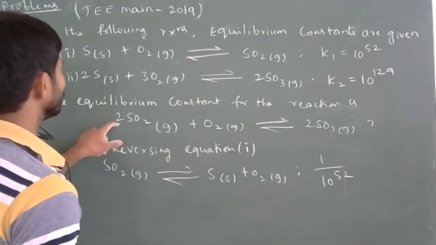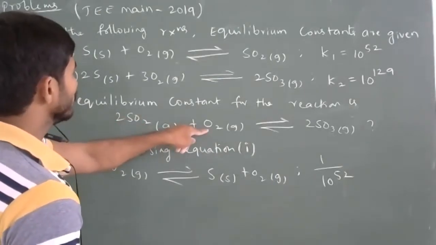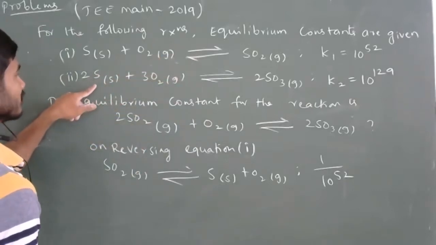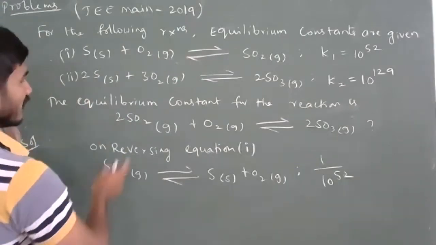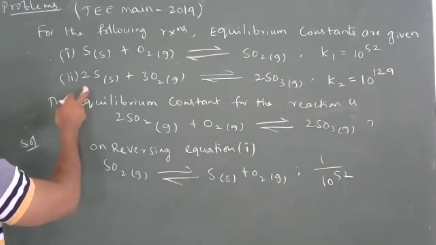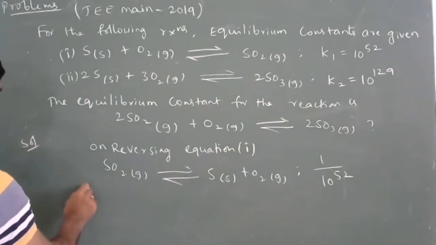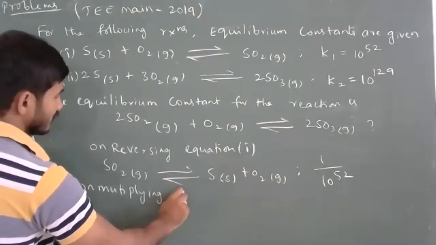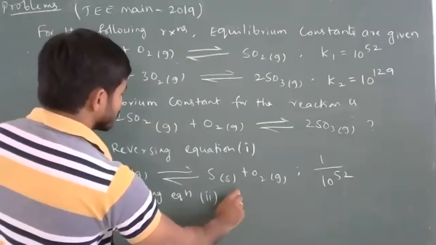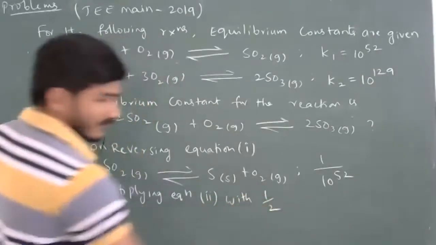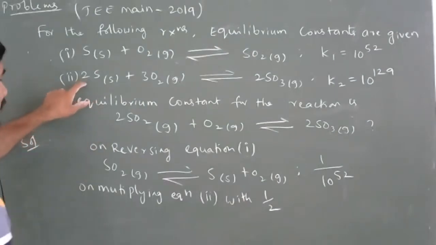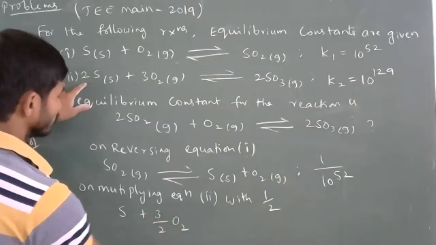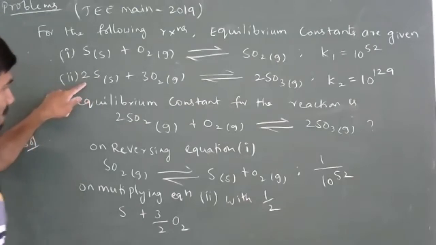Next is equation 2. 2SO2 plus O2, but here O2 is on the left side. So I'll add the two equations and multiply.